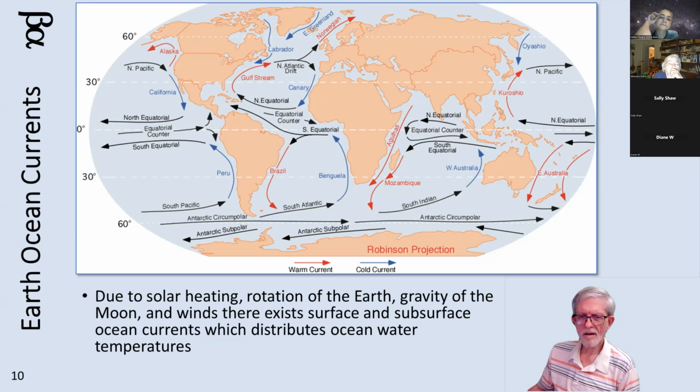So when people talk about if that warm water gets up to Greenland and it causes enough of the glaciers to melt and release fresh water into the North Atlantic, will that remove the other currents in the area, the Labrador and East Greenland, to the point where it will shut off the Gulf Stream?